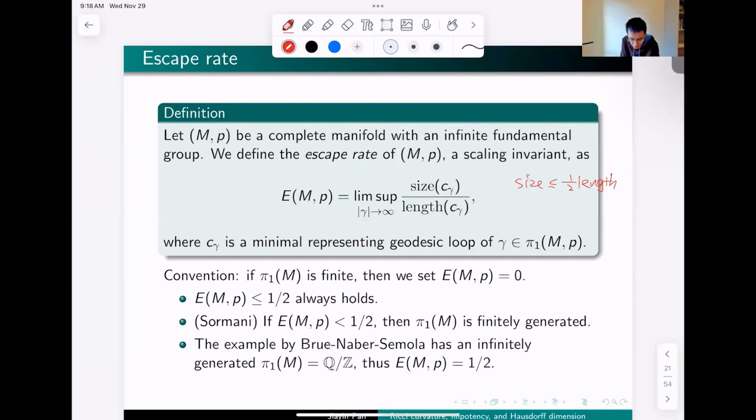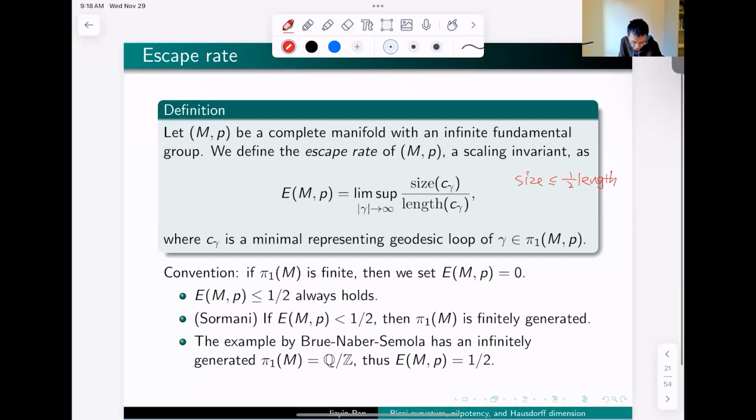Minimal up to halfway just means size is exactly half the length. So basically, if infinitely generated, then you can take these minimal representing loops such that size of C_i over the length of C_i is exactly 1/2. That in particular tells you the escape rate is 1/2, right? So that's the extremal case that can happen for loops going very far away.